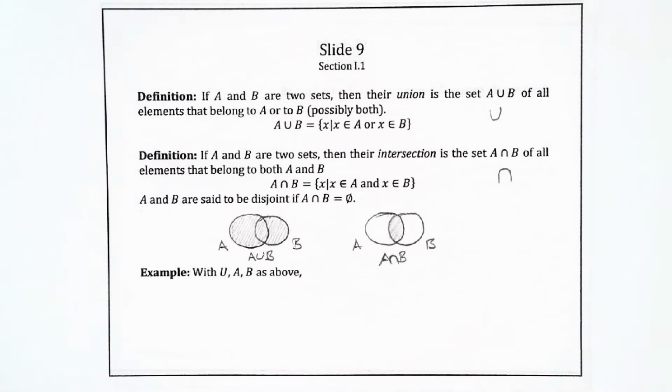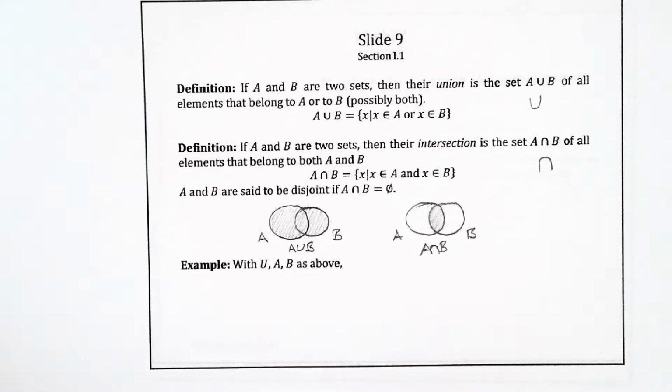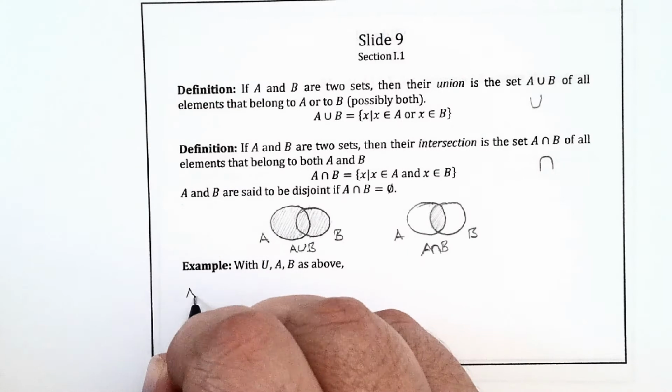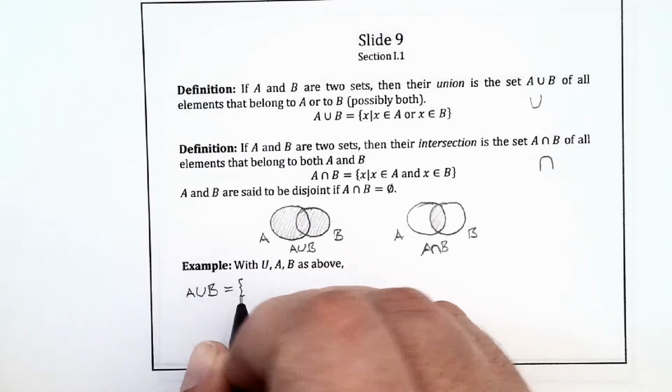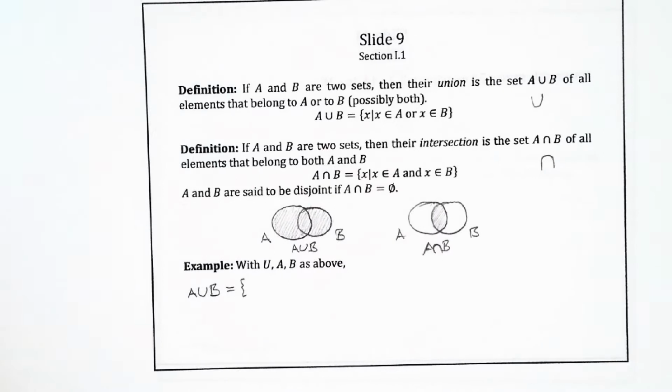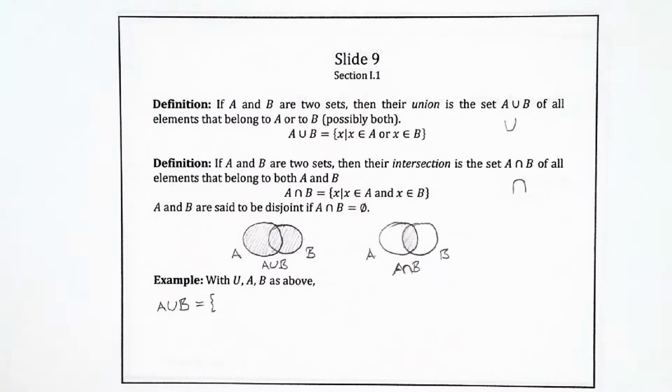So for example, with the union, or rather if the universe and the sets A and B are as above, the union of A and B is the set of everything that belongs to A or to B, or possibly both. Okay, so remember, A was the odd numbers and B was the multiples of 3.